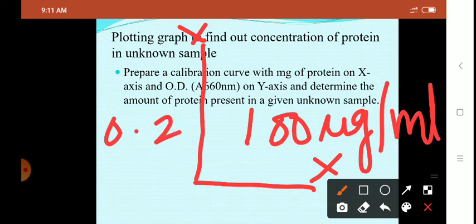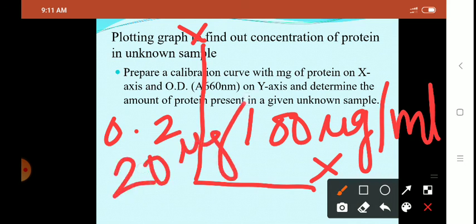How much is present in 1 ml? 100 μg. So how much will be present in 0.2 ml? 0.2 into 100, that means 20 μg. So the concentration of protein in the first tube is 20. The concentration in the second tube is 40, then 60, then 80 and then 100.